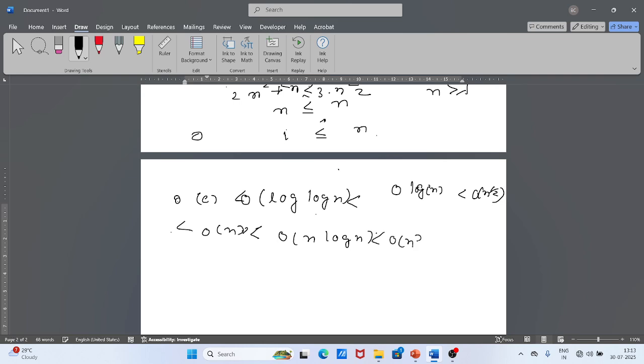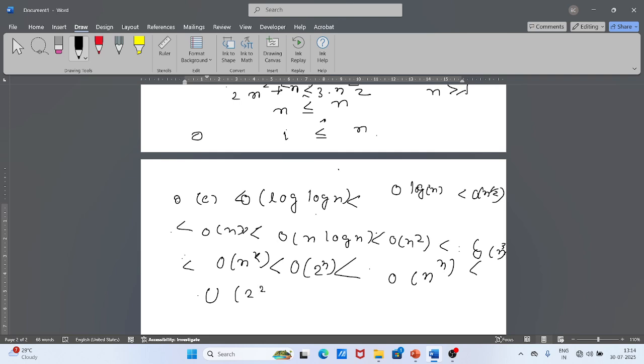Order of n square, order of n cube, order of n to the power k, order of 2 to the power n, order of n to the power n, order of 2 to the power 2n.